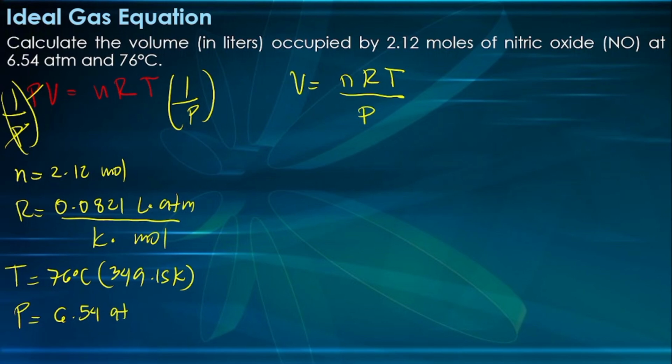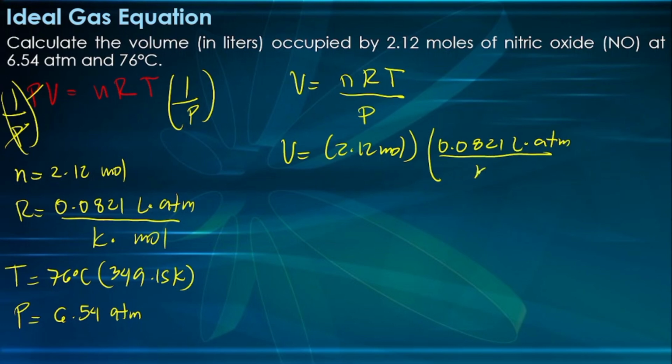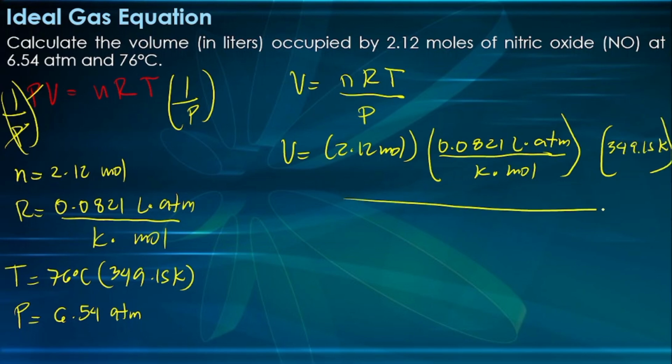And then the pressure we have is 6.54 atm. Okay, so let us substitute the values of our givens. Volume is equal to number of moles, 2.12 moles, times R, which is 0.0821 liters times atm over Kelvin times mole, times the temperature in Kelvin, 349.15 Kelvin, divided by the pressure, 6.54 atm.